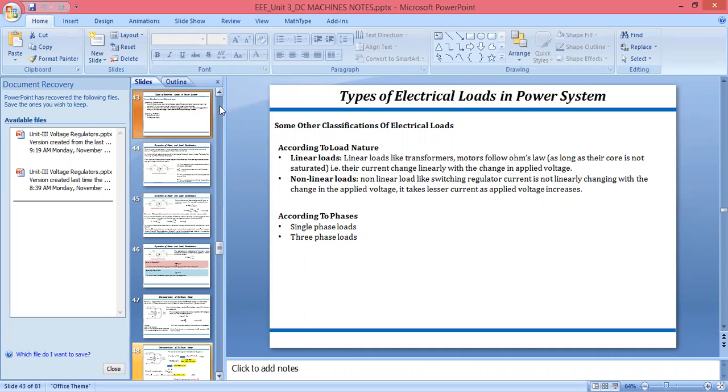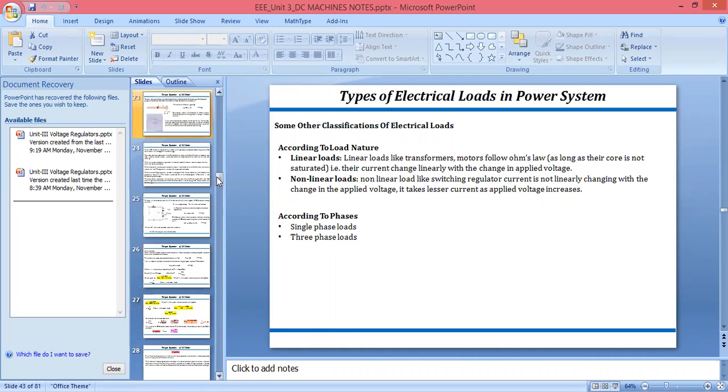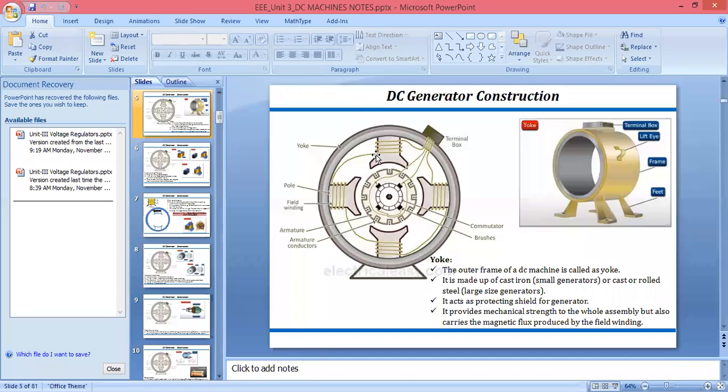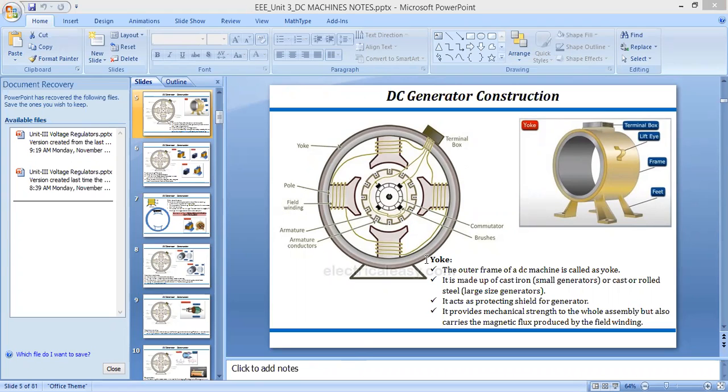It means it can convert electrical energy into mechanical energy. Then we have studied about the constructions of the DC motor and DC generator. Both have the same general constructions. Both have the outer covering that we call a yoke.